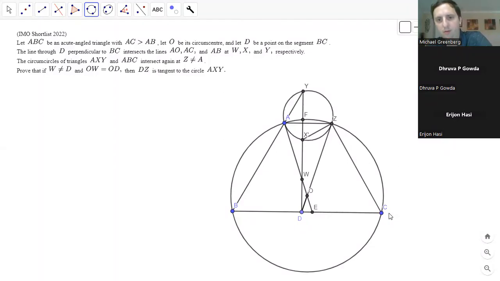Also, if Z is the intersection of both circles, then we would get C, Z, X and D as cyclic by angle chasing, I think. So this would be cyclic. We just have to show A, X prime and C are collinear. That doesn't feel like it should be that hard.